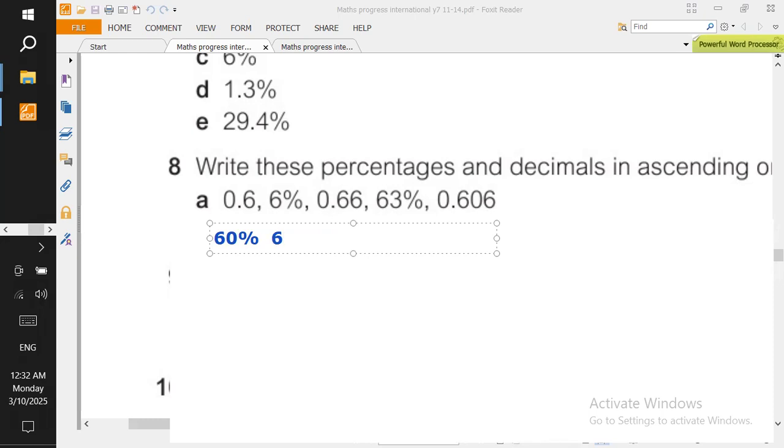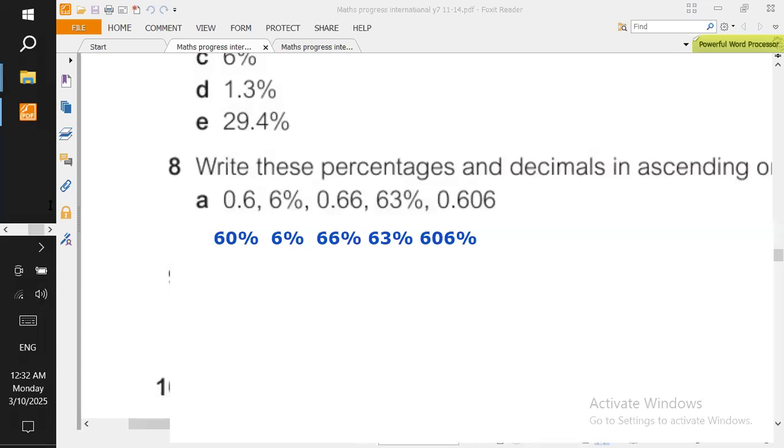This one is 6%. This one is 66 over 100, which is 66%. This one is 63%, already there. And this one is 606 over 100, which is 606%.